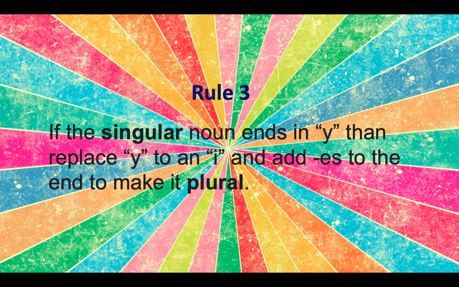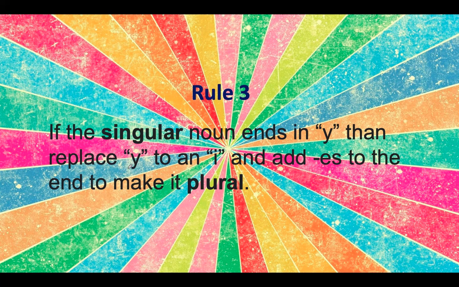If a singular noun has y in the end, how will we change it into plural? We'll cut the y and put i in place of y, and after i we'll add es. So it means we have to write ies instead of y.